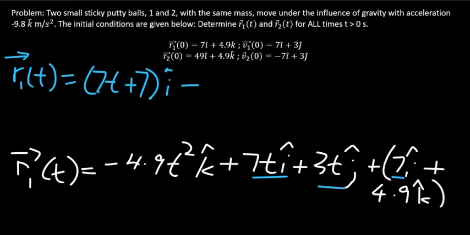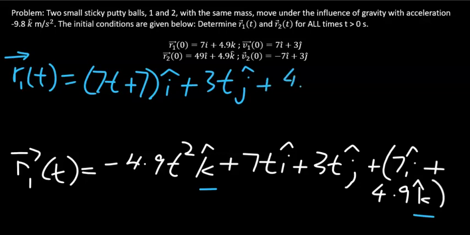There is that j component, 3t j hat, and there is this k term, so plus 4.9 (1 minus t squared) k hat.